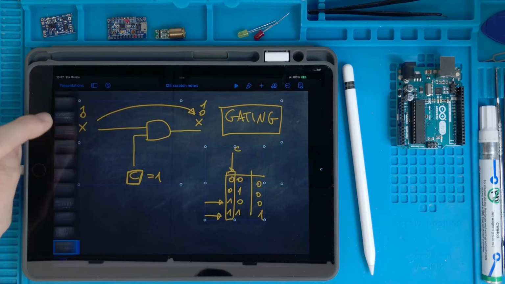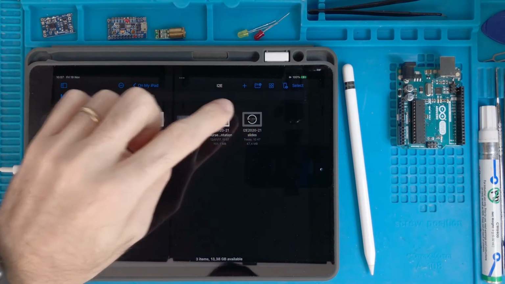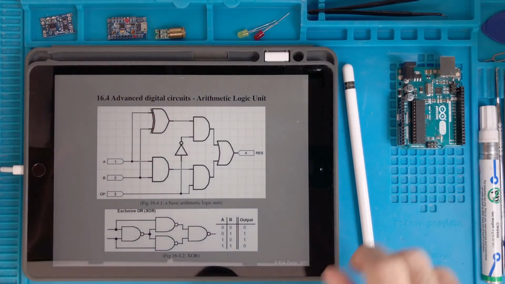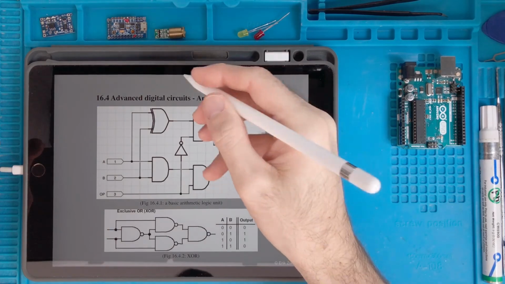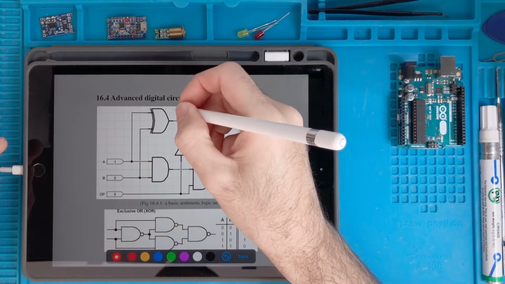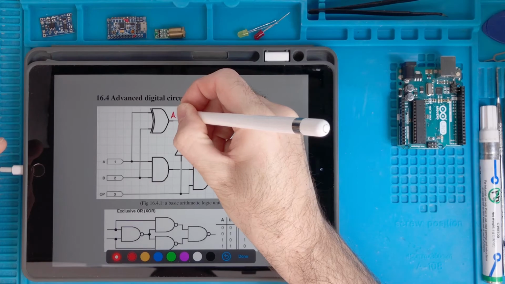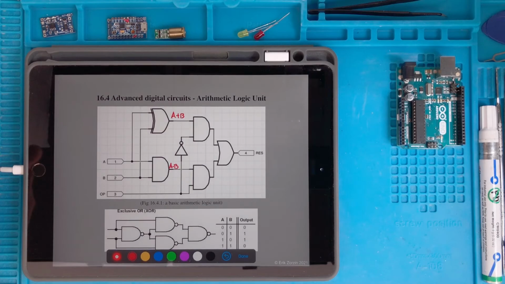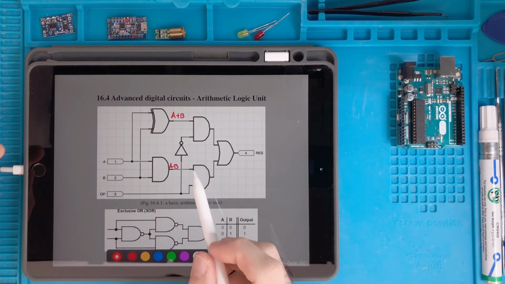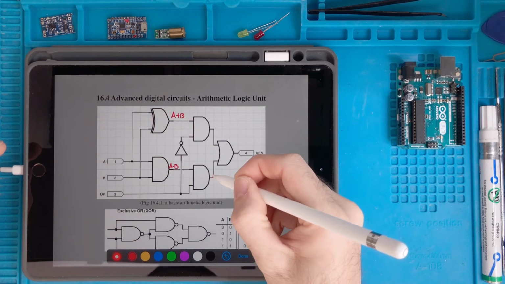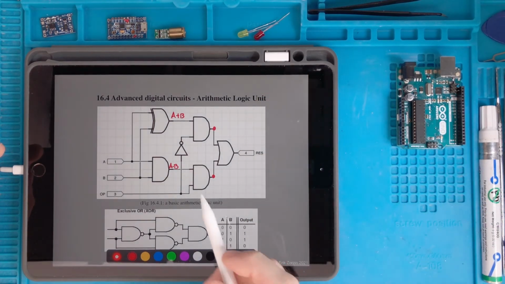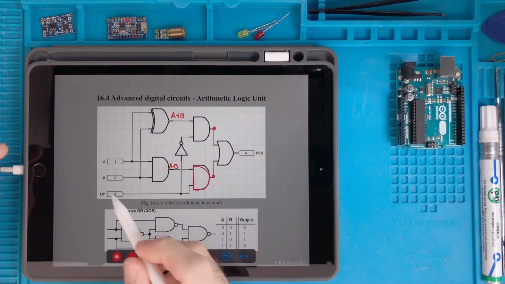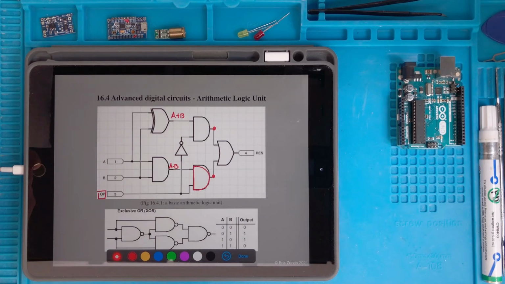Okay, so if we go back to the slides, now we see that the result of this operation, that was a plus b, and here it was a multiplied b, is passed here and here by an AND gate which is controlled by the operation input.